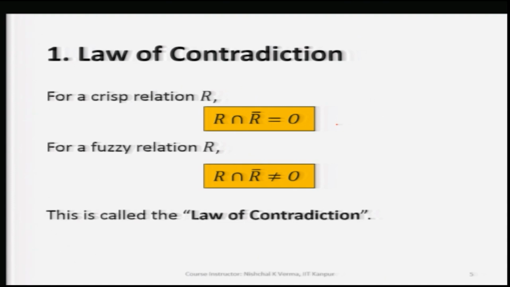This means, when we take the intersection of any crisp relation and its complement, it is going to be the null set.